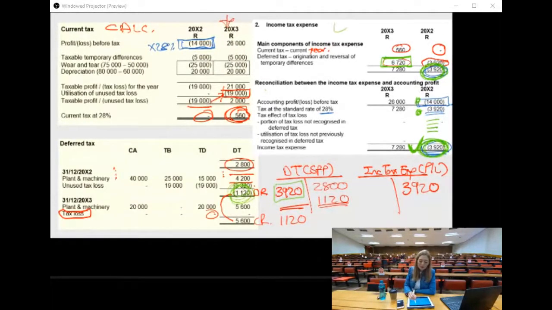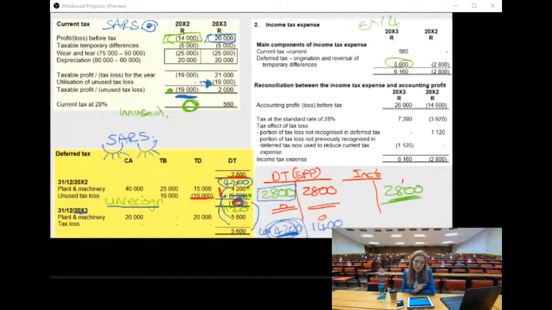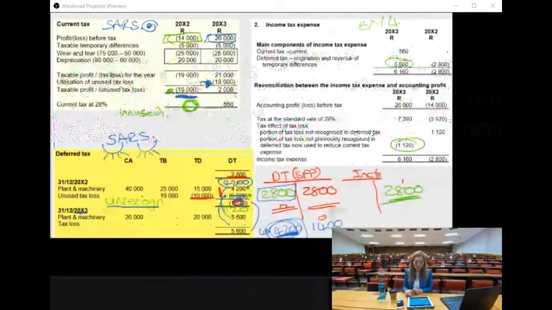In example 13, where we could recognize the full amount, it was 6,720. Now in example 14, the movement is only 5,600. Okay, so the reason for that difference is because of the opening balance of deferred tax that did not contain the full recognized tax loss.